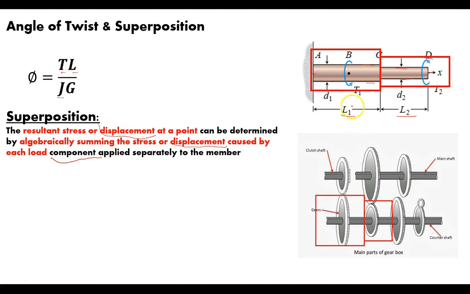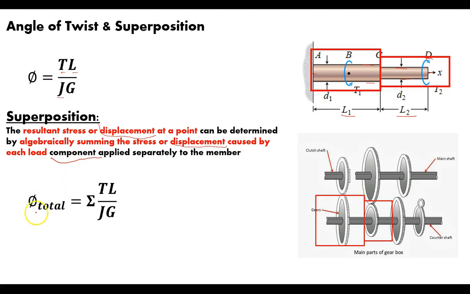We'd have to find out the angle of twist for each one of these members, these load components, and add them up algebraically, and that'll give us the angle of twist for the entire rod or the entire shaft. So from this equation, the angle of twist is the torque times the length over the polar moment of inertia and the shear modulus.